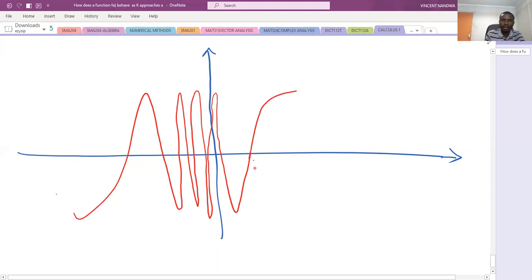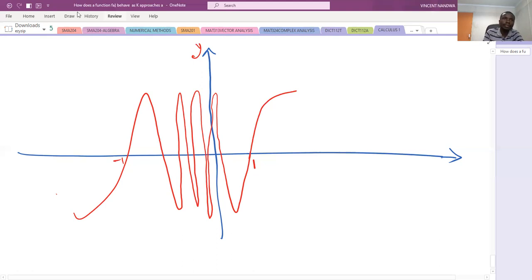So this is one, this is negative one. So it's roughly something that looks like this. So this can't tell you the value of the function, how it behaves as we approach it.